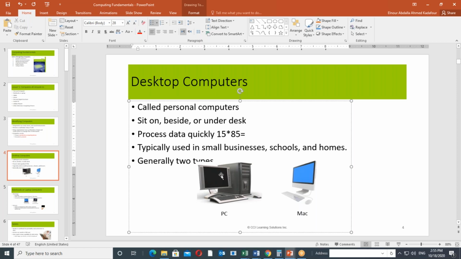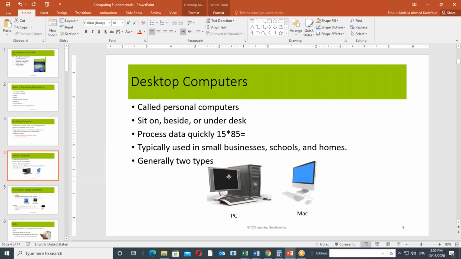There are generally two types of these desktop computers. We call them PC and Mac. You know what a Mac is. Now these Macs belong to, what do you call that company?